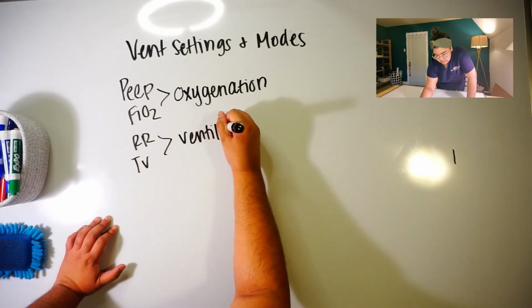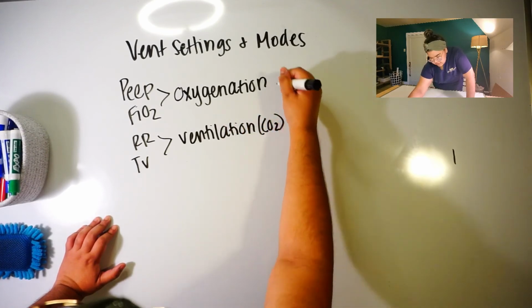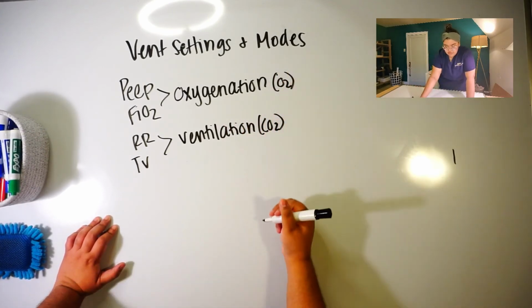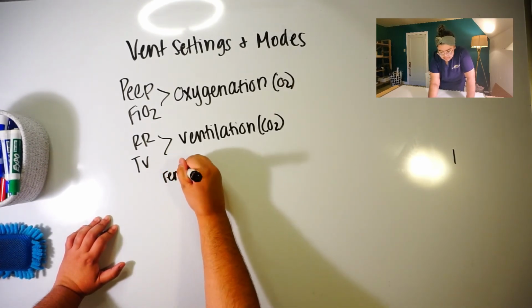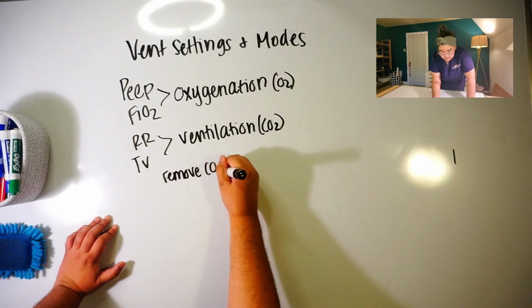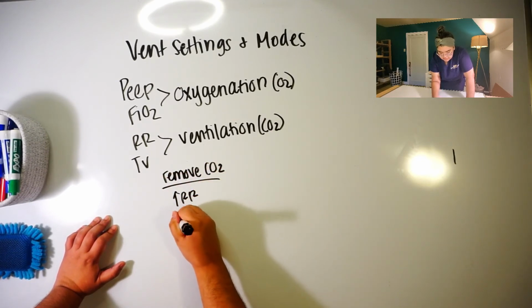Ventilation is the removal of CO2. Okay, CO2, this is O2, obviously. So if you want to remove CO2, you got to increase the respiratory rate and you got to increase the tidal volume.